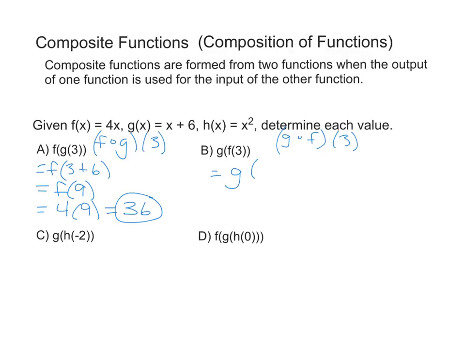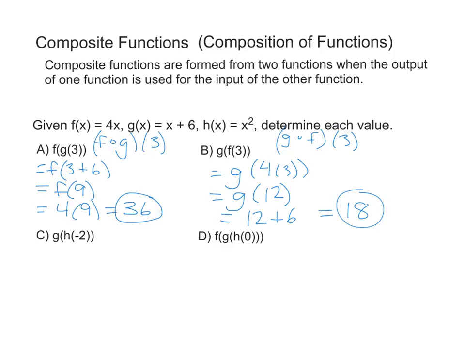So f is 4x, so that means 4 times 3. We need to then find g of the output from f, which is 12, so g of 12. And g is x plus 6, so it's 12 plus 6, or 18.